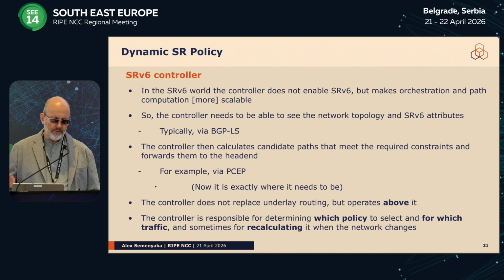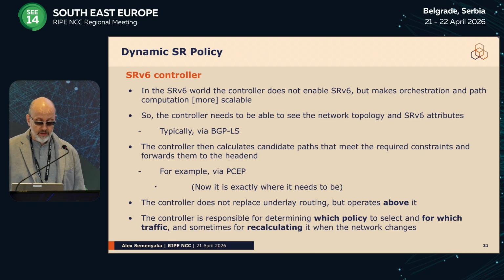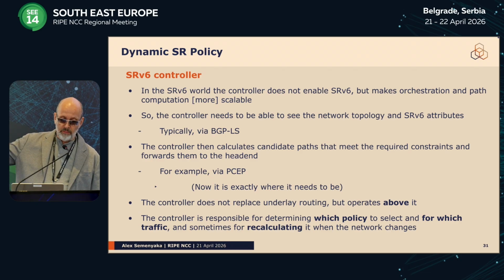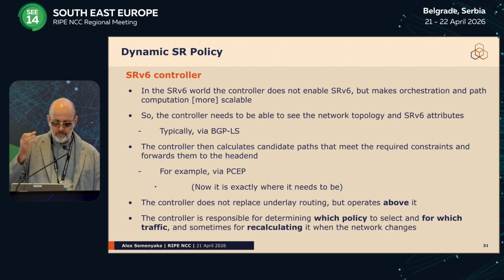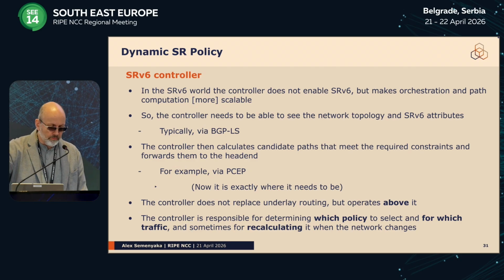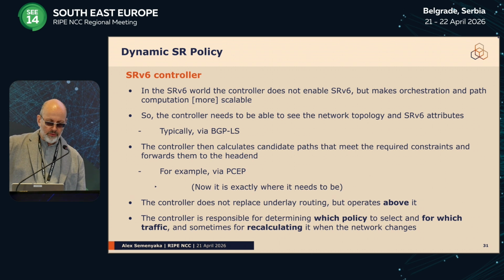It collects the information usually using BGP-LS. So you are enabling BGP-LS in your network on some key nodes. Then you are turning on BGP-LS on the controller, and you are connecting the controller to your headends using the PCEP protocol.